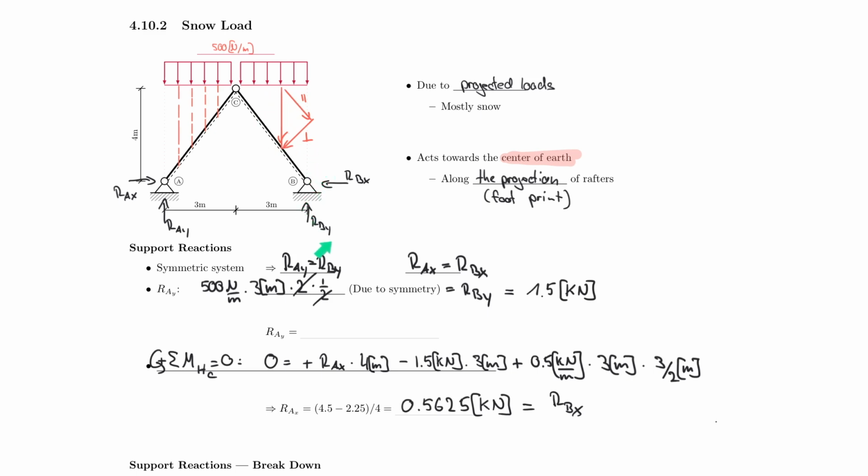And so it is a different way of looking at loads. But once again, the loads of course point towards the center of the earth, because snow is also affected by gravity. But enough about the snow load itself.